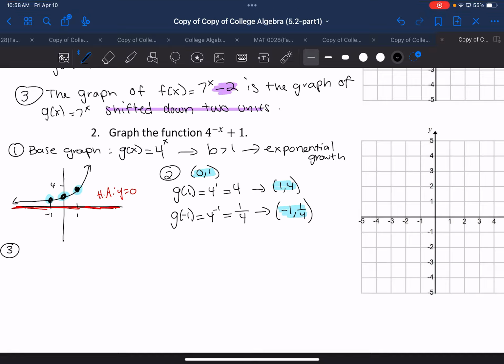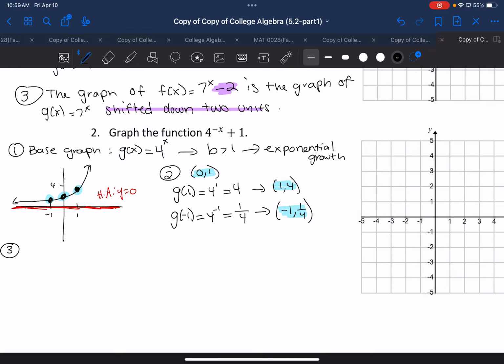All right, and then step 3, we're going to start finding the new points using our transformation. So remember when we learned about transformations, I told you to always start with the transformations closest to the x and then work your way out.